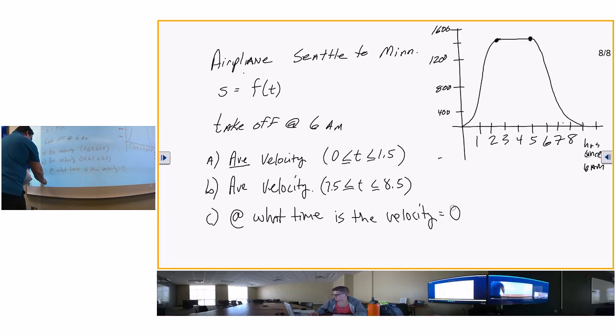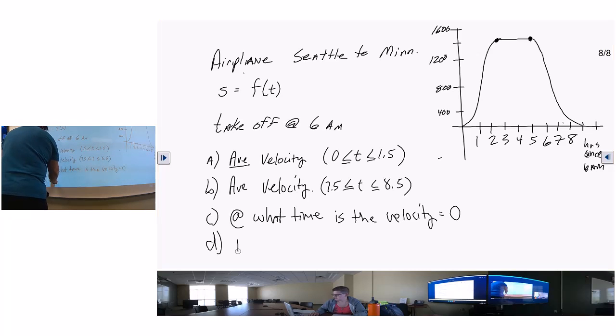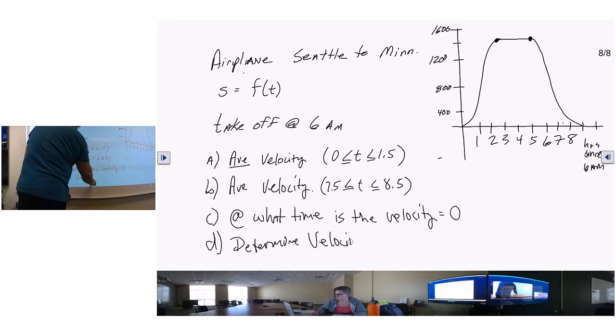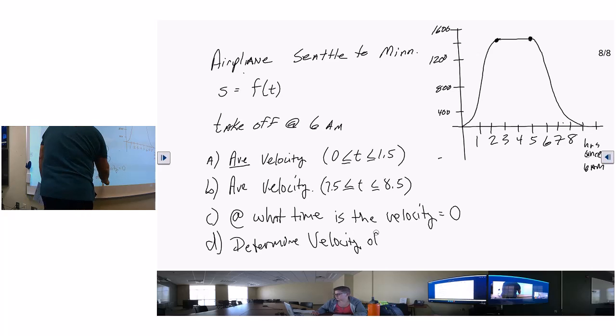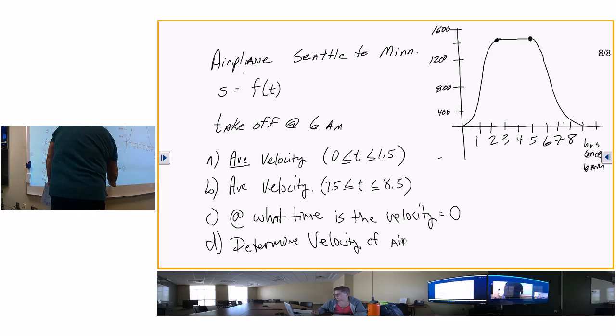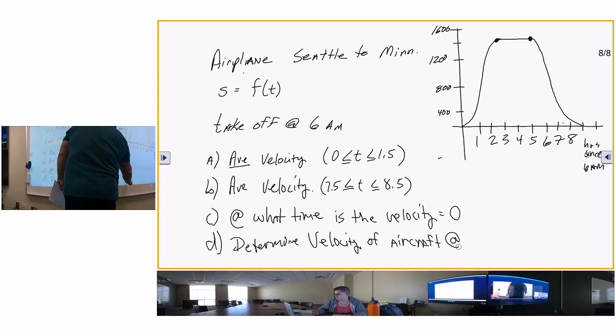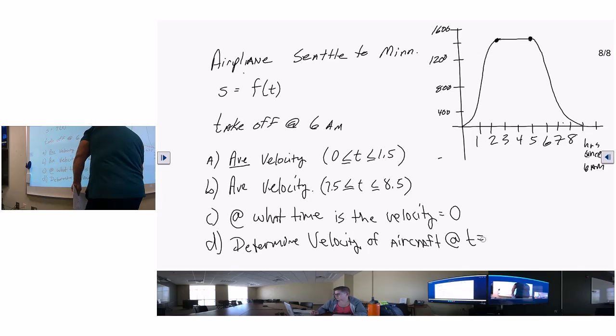And D, determine the velocity of the aircraft at t is equal to 6.